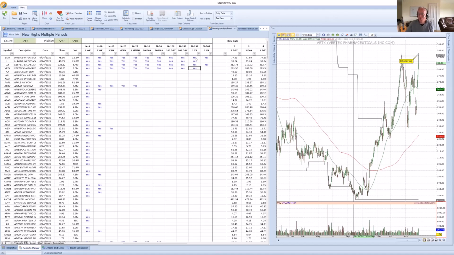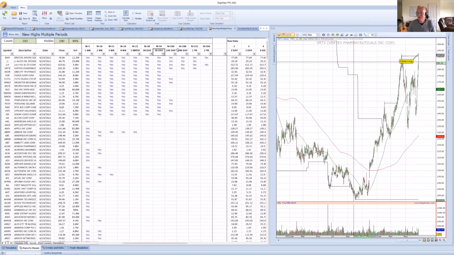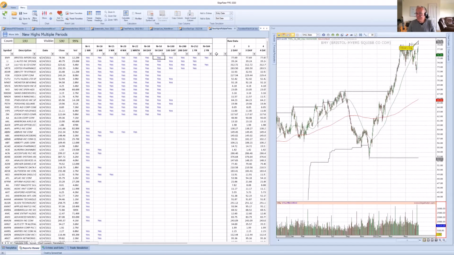I.e., if it's making a new 1-year high, then it's definitely making a new 2-week high or a new 1-week high. So by sorting these, you can say you're just looking for things that are making new 50-day highs, because potentially they're going to go on to make new 100-day highs and 200-day highs. So you can then sort just by new 50-day highs. Okay. And ignore the ones that have 100-day highs.